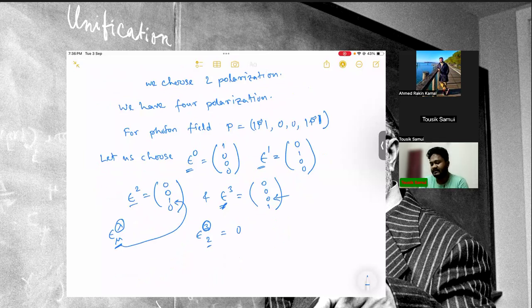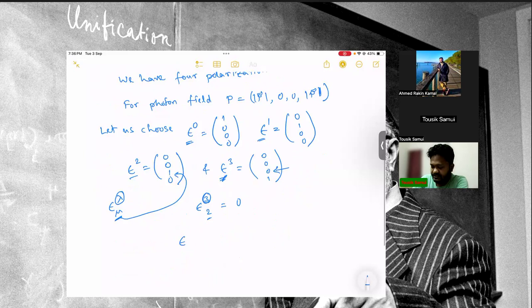And another normalization. Once we have all these basis vectors, we can choose our normalization appropriately, and we want it to be in a Lorentz covariant way. So we want our normalization to be epsilon lambda dot epsilon lambda prime equals eta lambda lambda prime. Remember, lambda is not the index with which we iterate over, but lambda also has the four indices. So with this choice, you can see that epsilon 0, epsilon 1 that I chose automatically satisfy this condition.